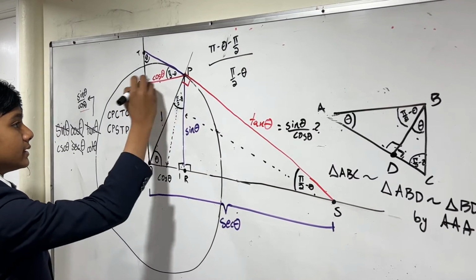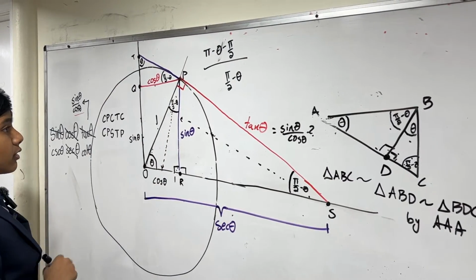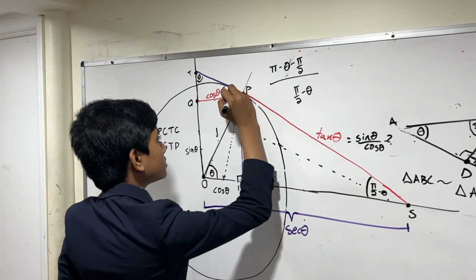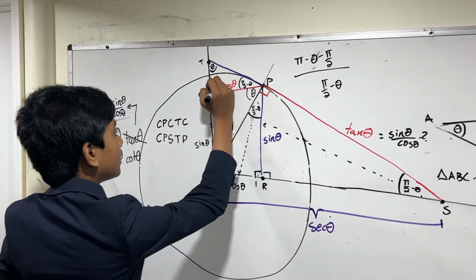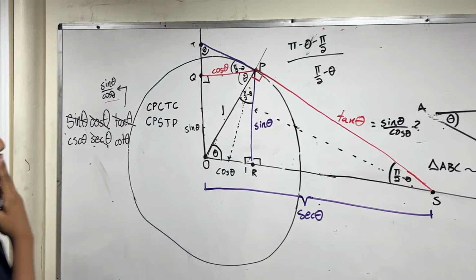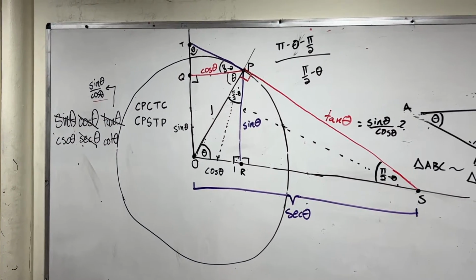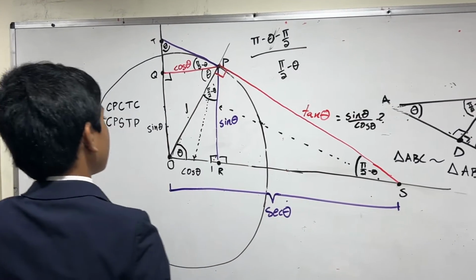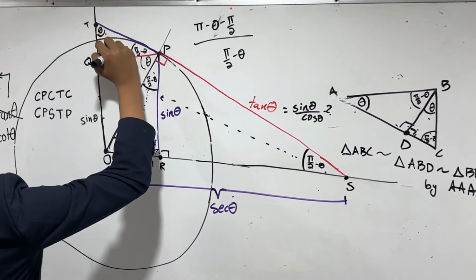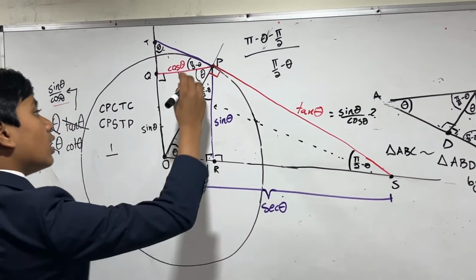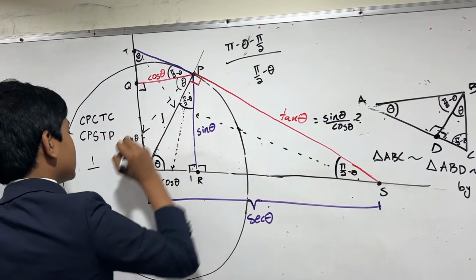So, we're going to take the similarities between this triangle and the big boy, OPT. So this is theta, and this is right angle. So that's a little bit daunting, but let's get it over with. So here, theta is opposite to 1. That's for the big triangle. For the small triangle, theta is opposite to sine theta.